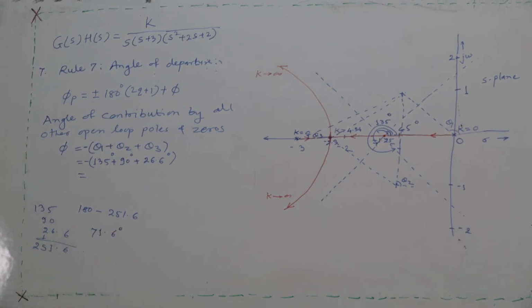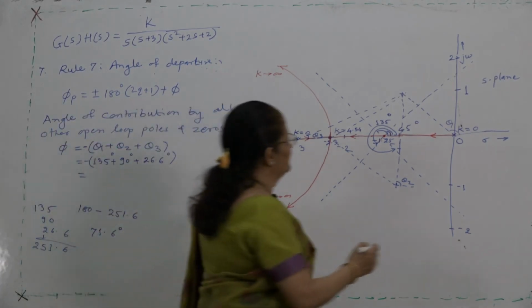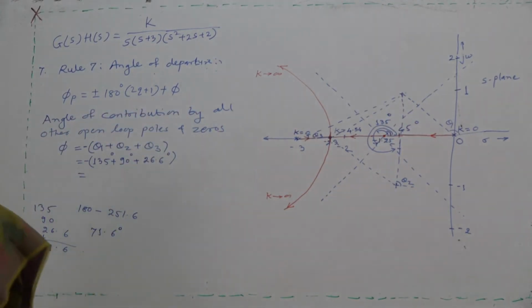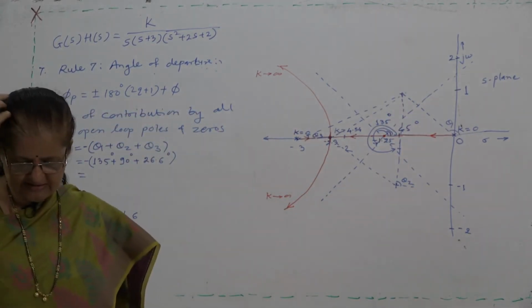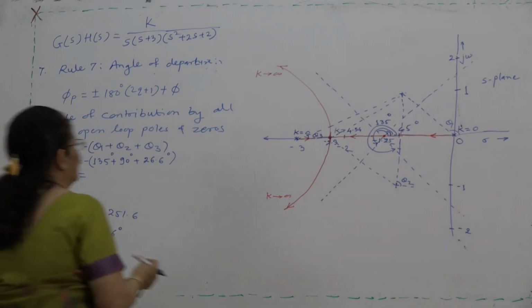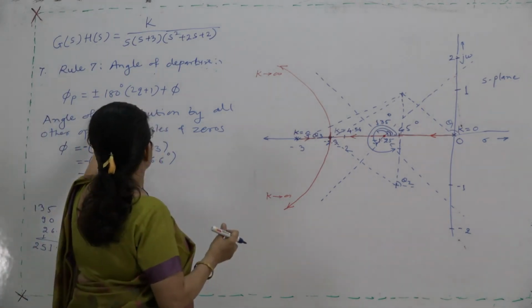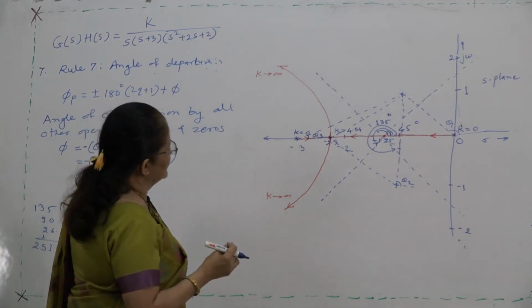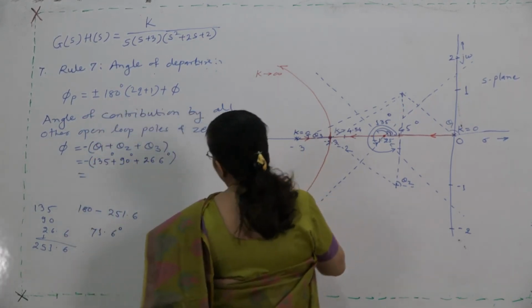It is 180 plus phi, where phi is the angle contribution of all open loop poles and zeros. How will you find it? It is angle of zeros minus angles of poles. Zeros are not there, so only the angle of poles, and you get a minus sign outside. So, the value you will get here is minus 71.6 degrees. So, the angle of departure is 71.6 degrees.